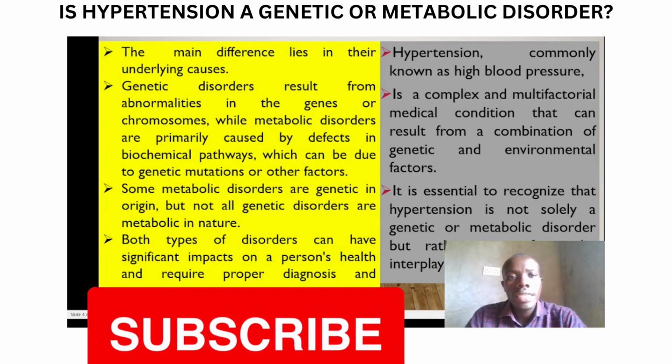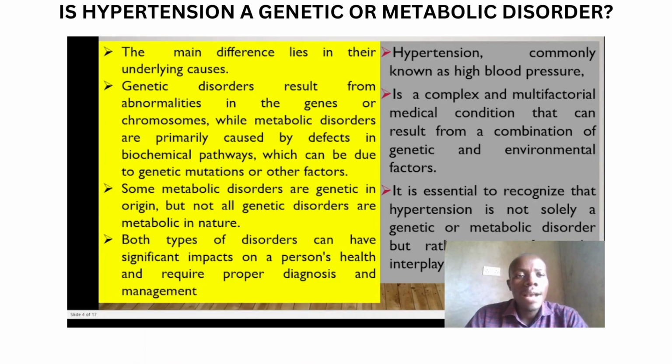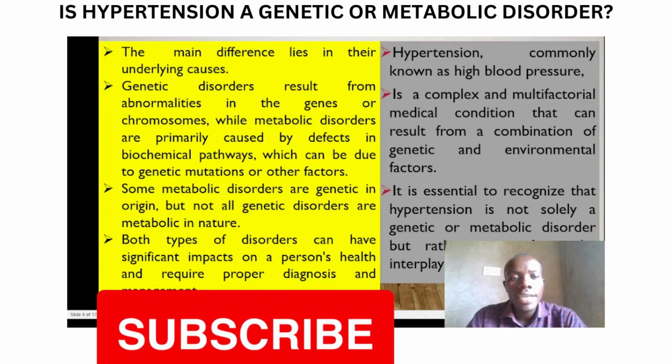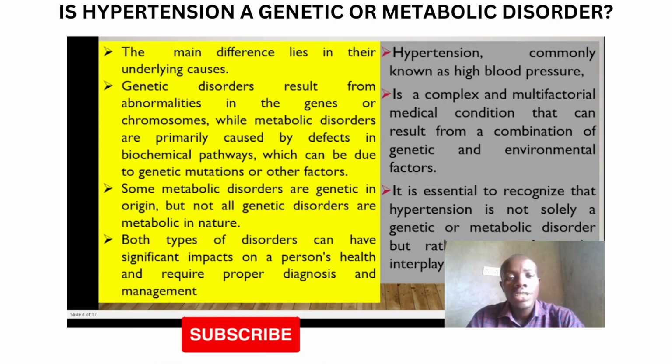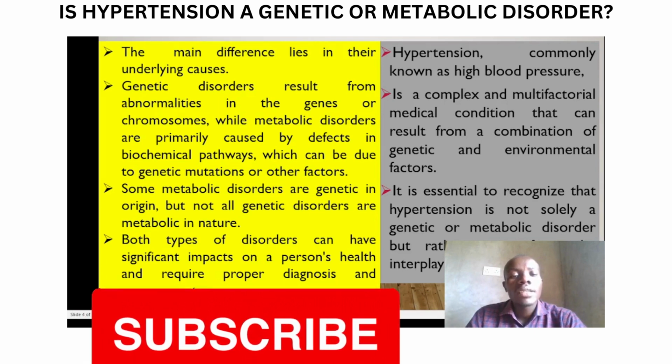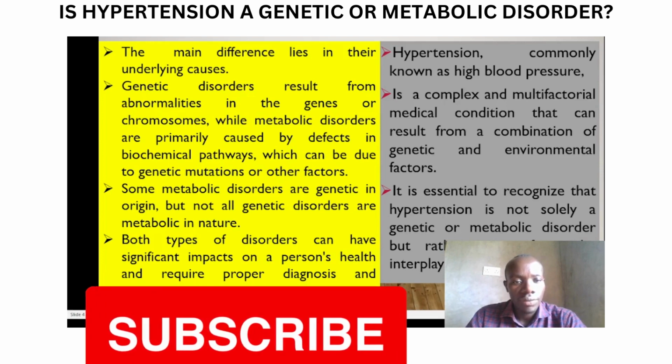So you find genetic disorders can result from abnormalities in the genes or chromosomes, while metabolic disorders are primarily caused by defects in biochemical pathways, which can lead to genetic mutation or other factors. Some metabolic disorders are genetic in origin, but not all genetic disorders are metabolic in nature. Okay?